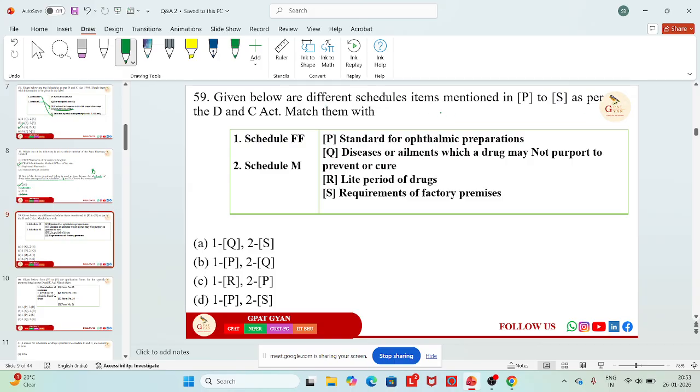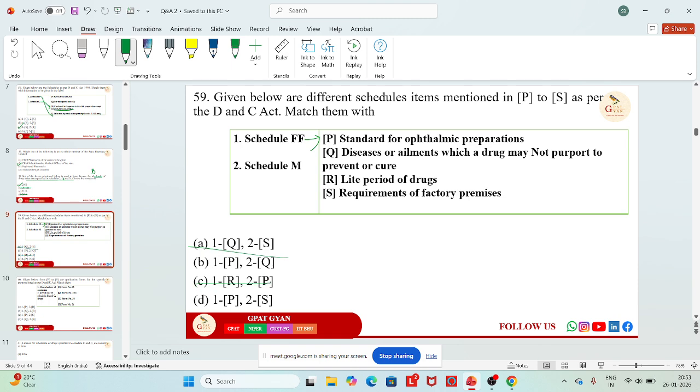Next is again match the following for the schedules. You can see how many questions are directly asked from the schedules, which schedule contains what. Ma'am, it will be D. As we already told, F is for the ophthalmic preparation. So F is there.